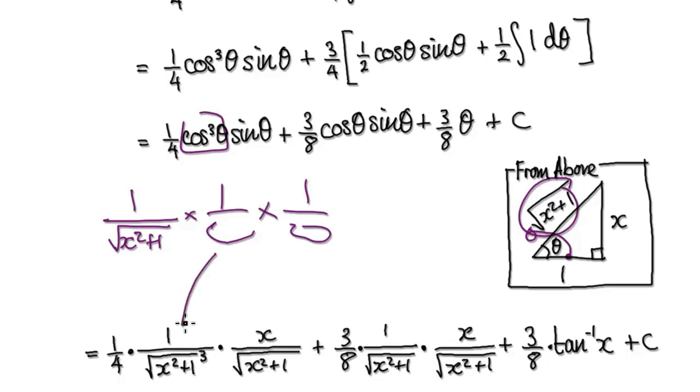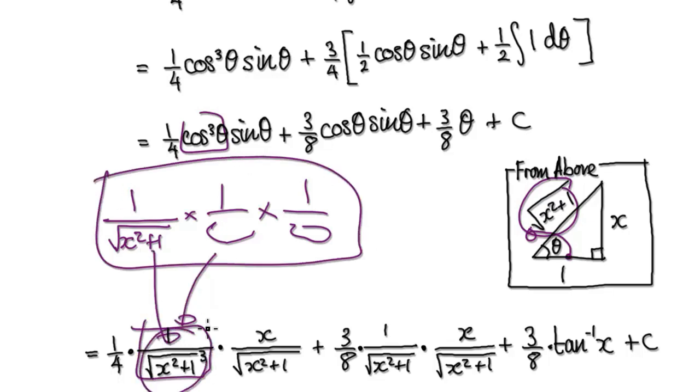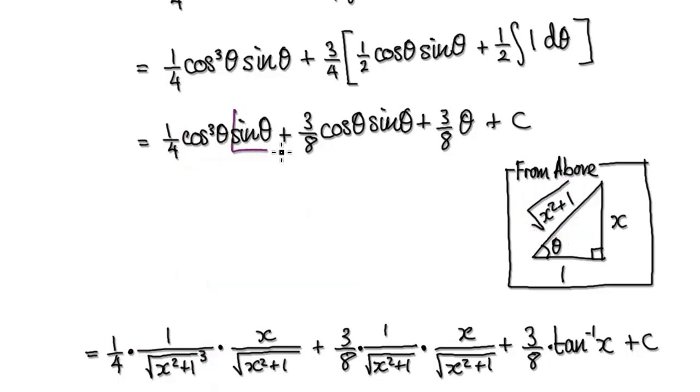That will give you this thing here. And then sine will be opposite over hypotenuse. Later on we can tidy this up. Anyway, carry on with this.